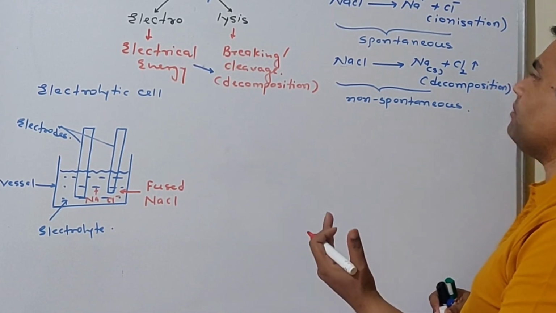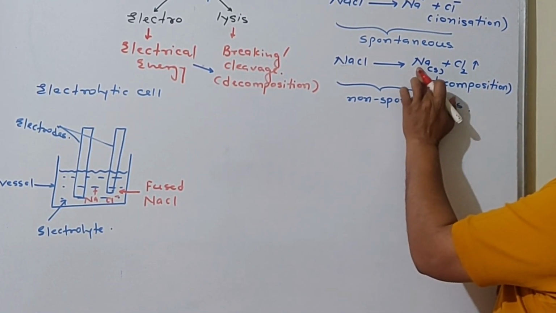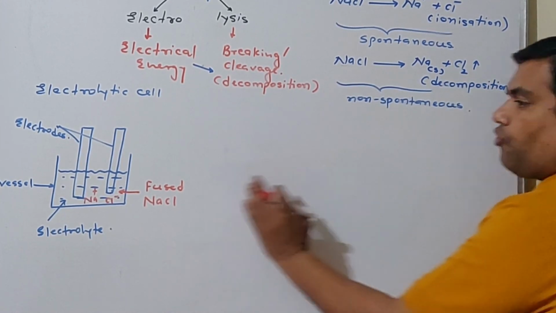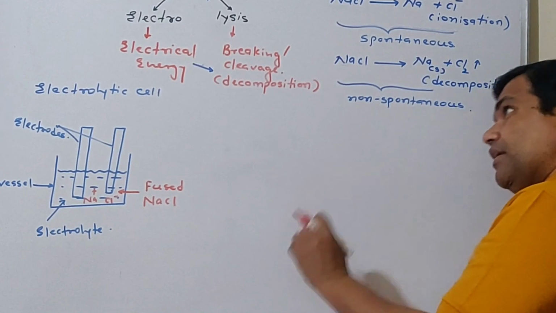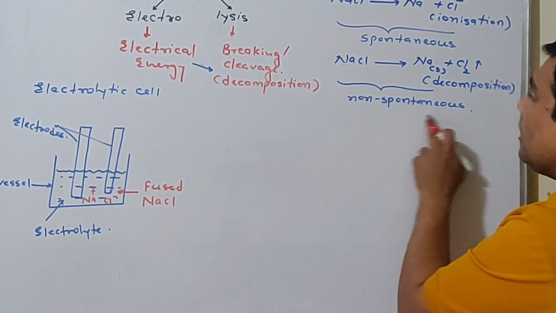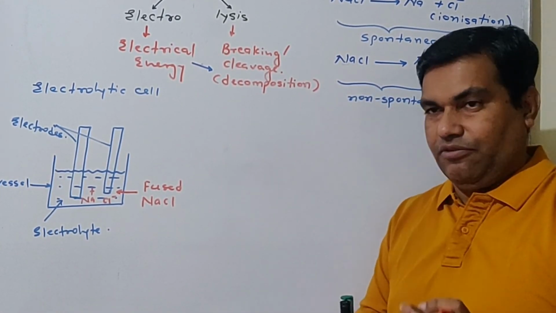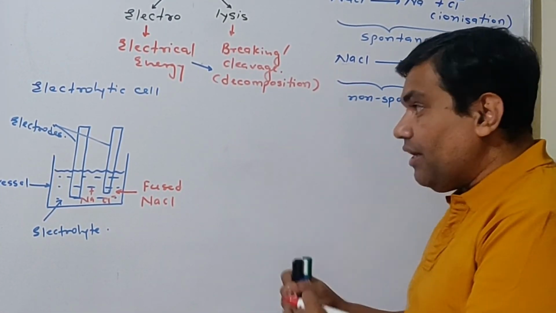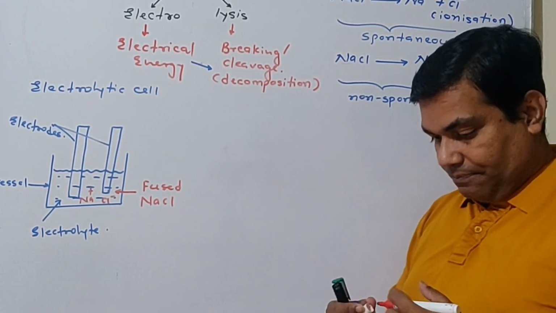It's a spontaneous process. However, now we want to acquire Na solid and Cl2 from fused NaCl. For that purpose, we need to pass an electric current, because this non-spontaneous redox reaction, which we are going to discuss further, has to be carried out by passing an electric current.